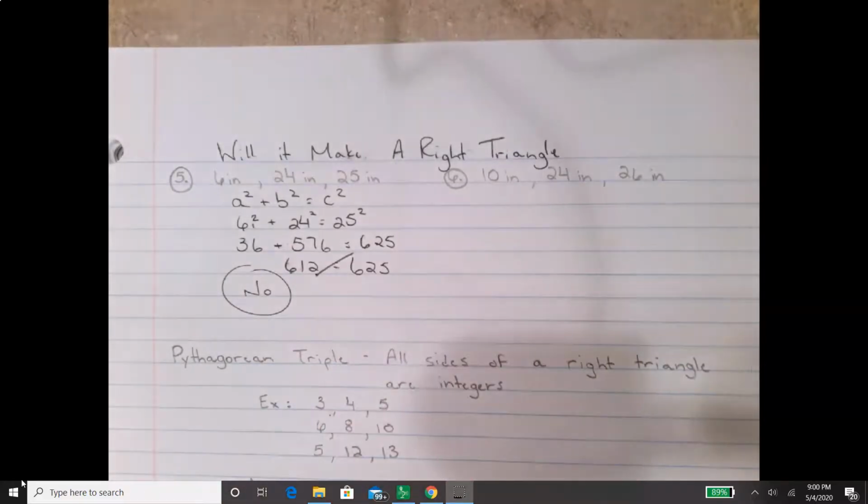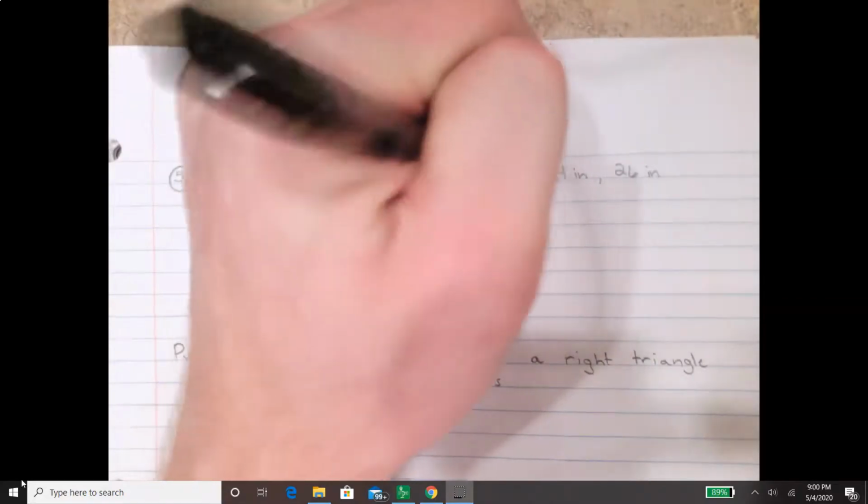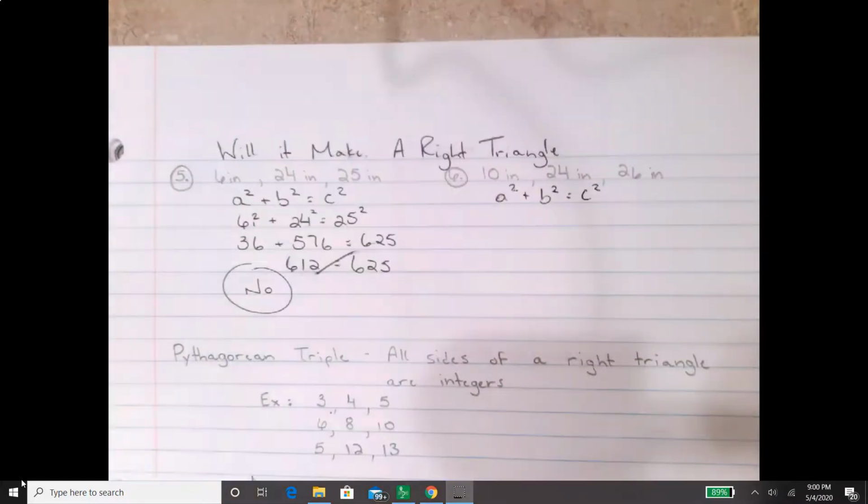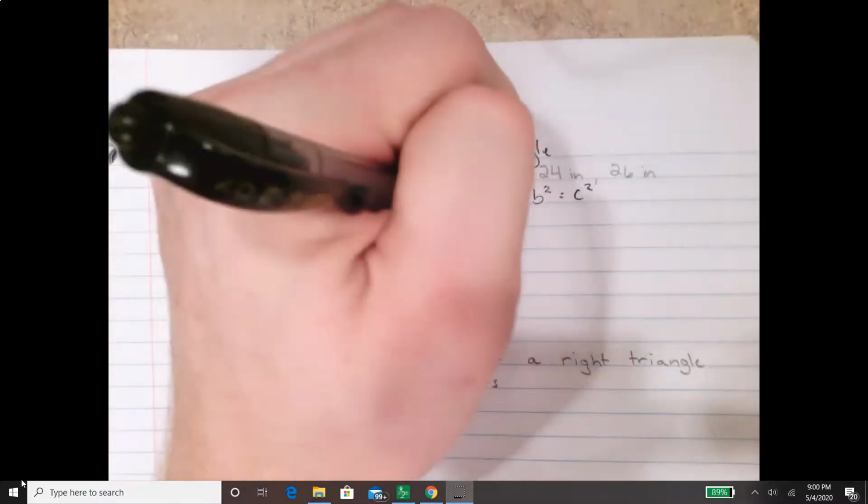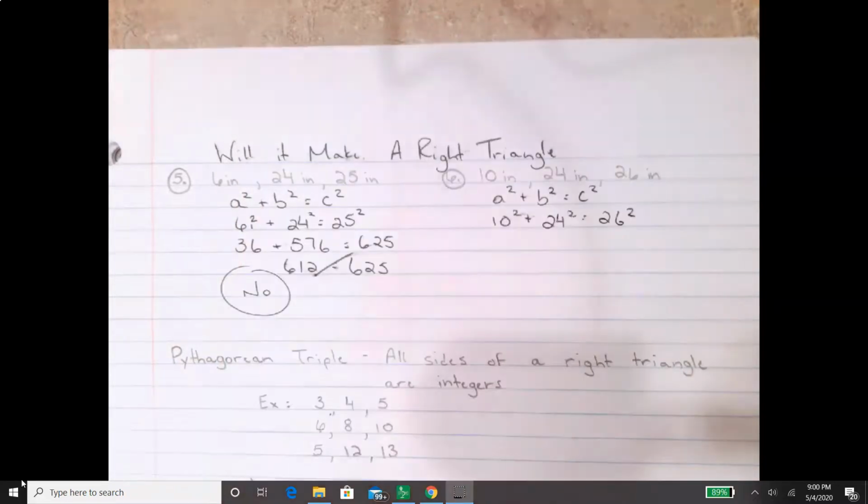Let's look at another example of this, number 6. Again, I've got 10 inches, 24 inches, and 26 inches. Just by looking at those numbers, you should already know 26 inches has to be c. So a squared plus b squared equals c squared, fill them in. 10 squared plus 24 squared equals 26 squared.